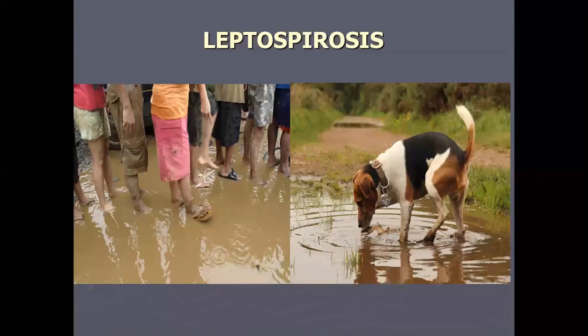If you are walking barefooted in the water and you get some injury, there are chances of the organism entering your body. So this is the genus Leptospira, and it causes a disease we call leptospirosis.